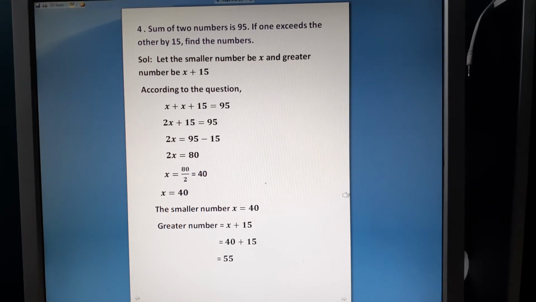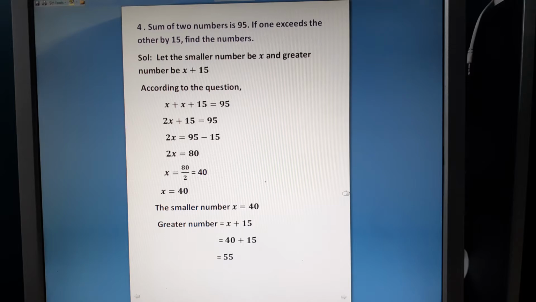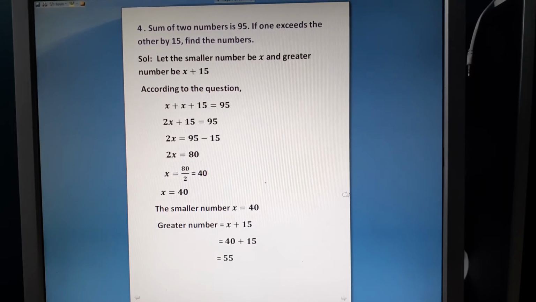According to the question, the sum of the two numbers: the smaller number is x, the greater number is x plus 15, and that is equal to 95. x plus x is equal to 2x.